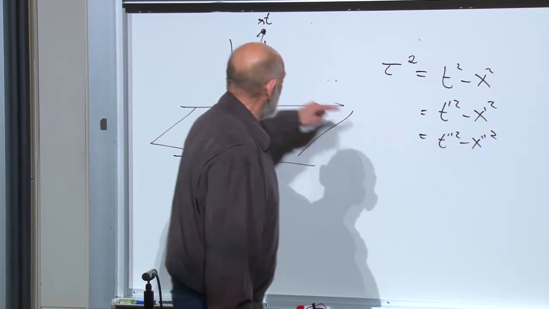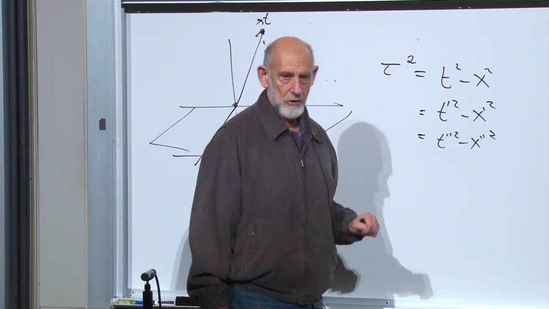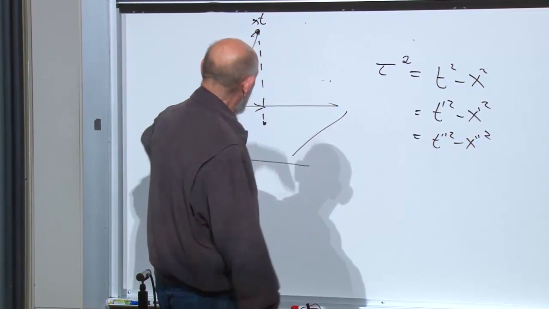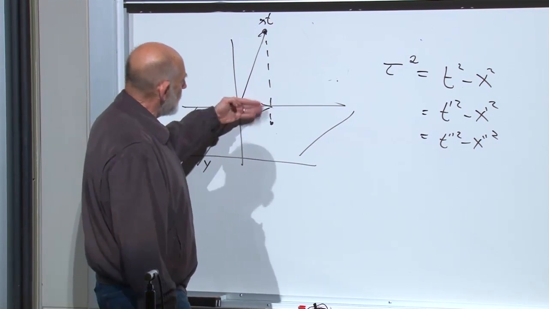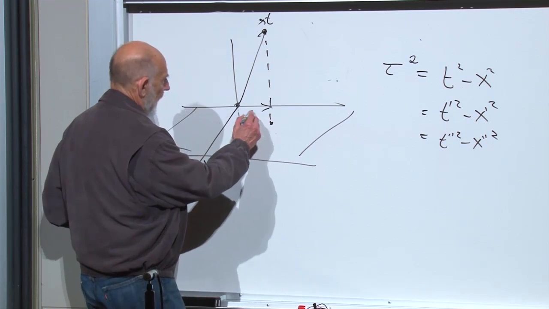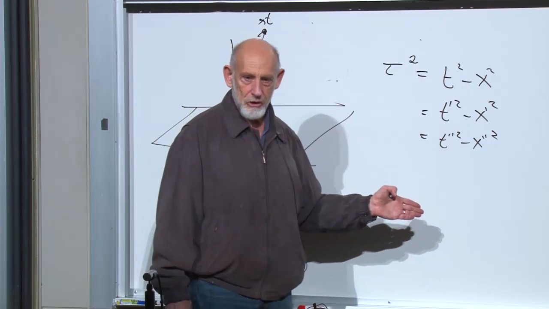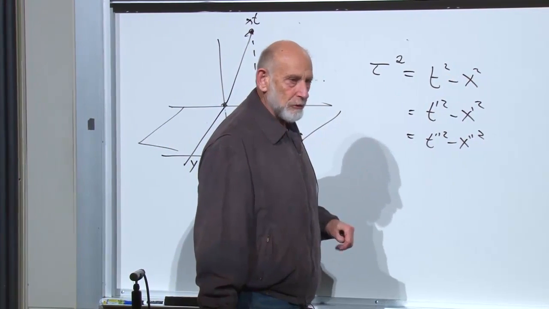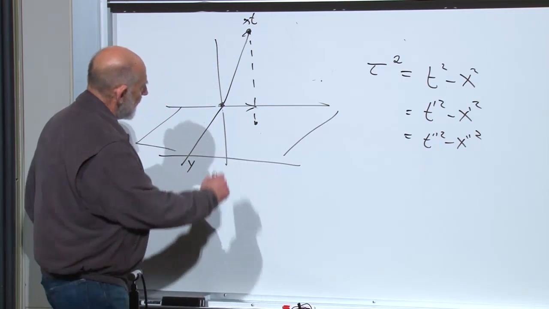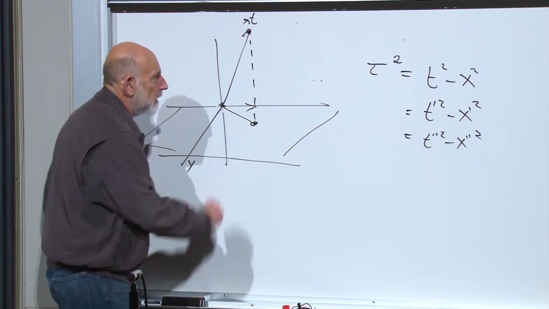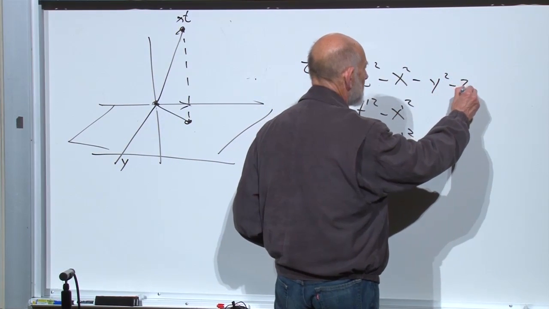As long as the event is located on the x-axis, it's t squared minus x squared. If it's not located on the x-axis and we make a rotation, then what was originally x squared becomes x squared plus y squared plus z squared, the spatial distance between the origin and this point over here. This really becomes minus x squared minus y squared minus z squared.